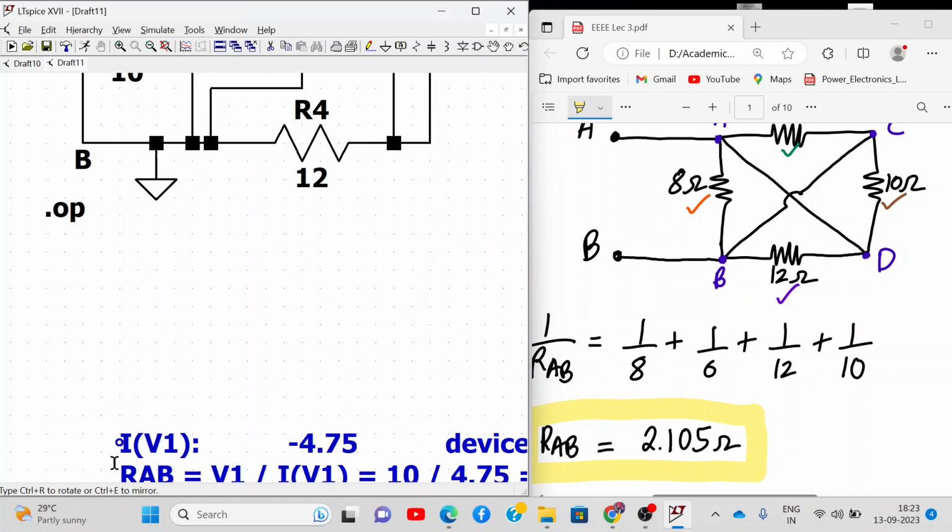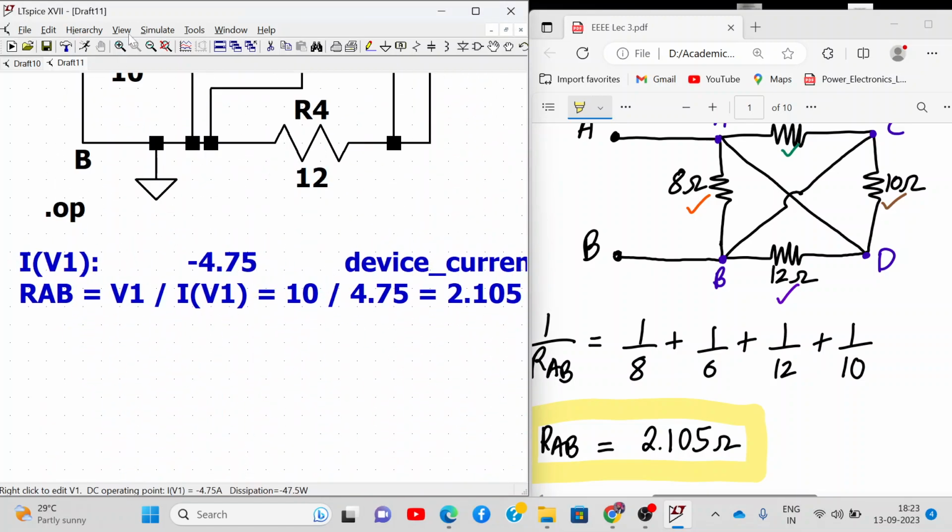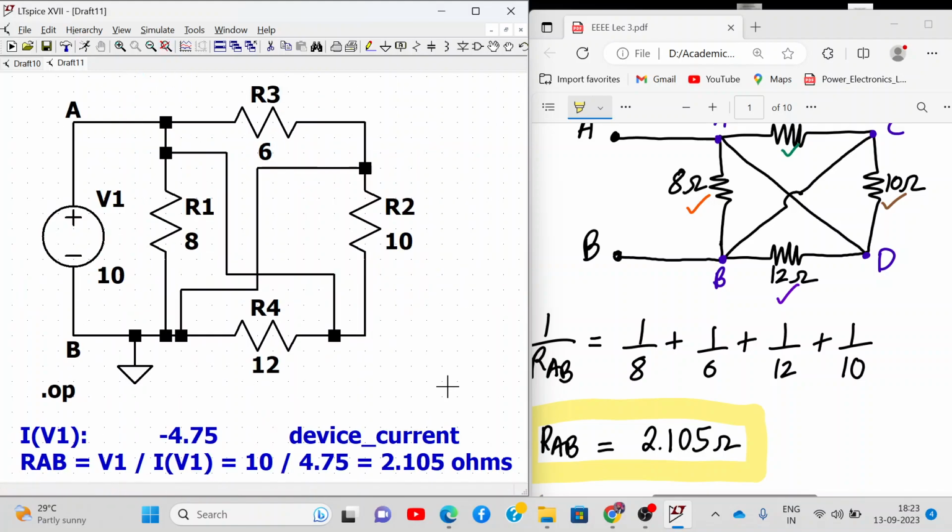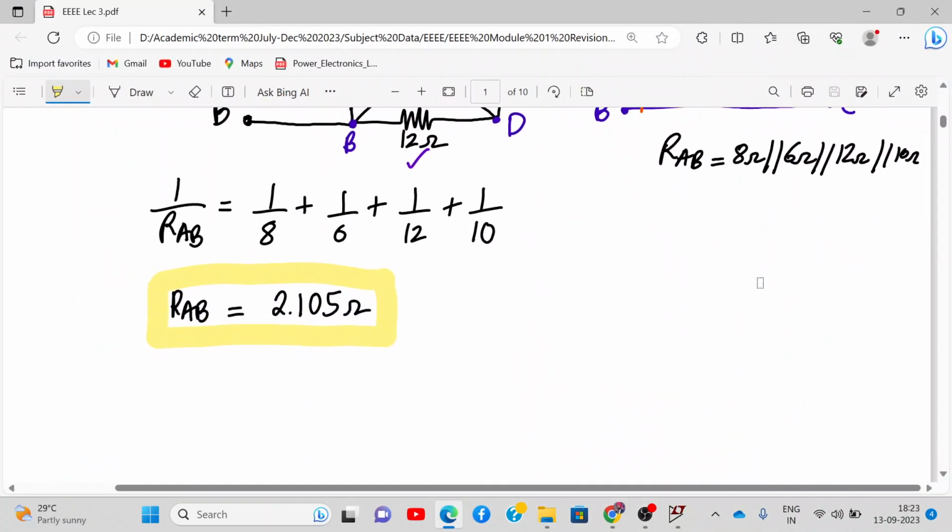Don't worry about the negative sign of this current, I've already informed you, it's an LTspice thing. So this answer and this answer are matching. In fact, any linear DC circuit, we can check like this in LTspice.